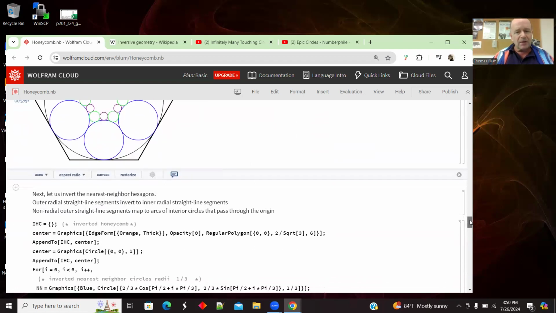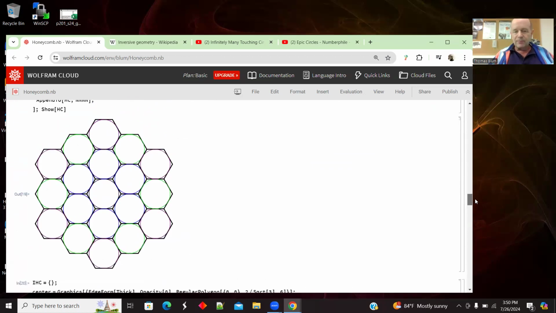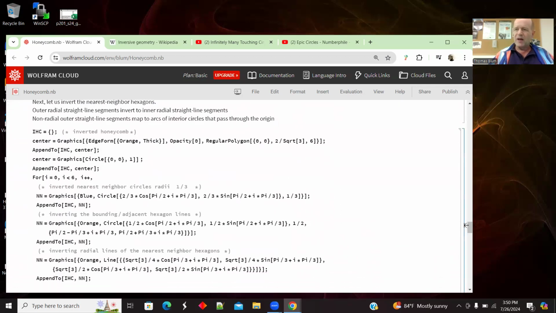Okay. Then, I'm a glutton for punishment, so I decided that I wanted to look at the inversion of the honeycomb, and not do quite as much of that. The honeycomb is straight lines. And straight line segments are really, in some sense, circles that have an infinite radius.